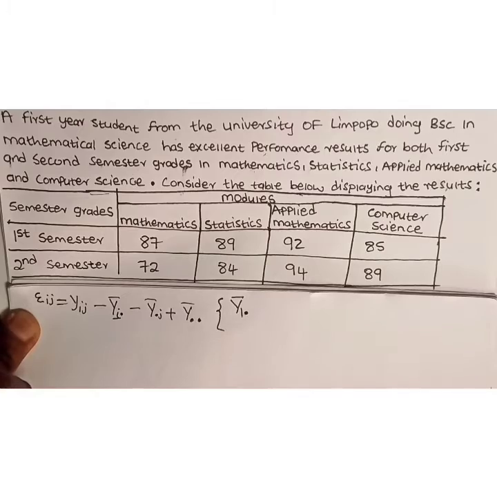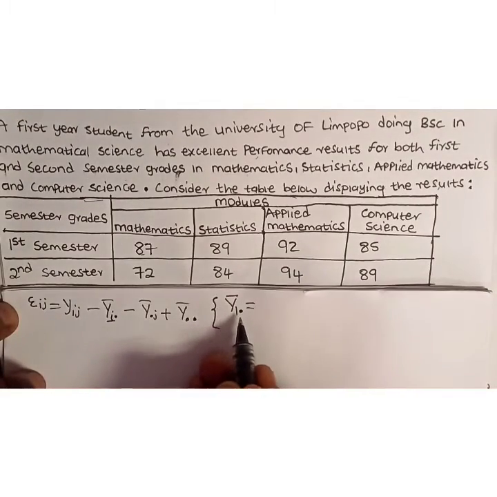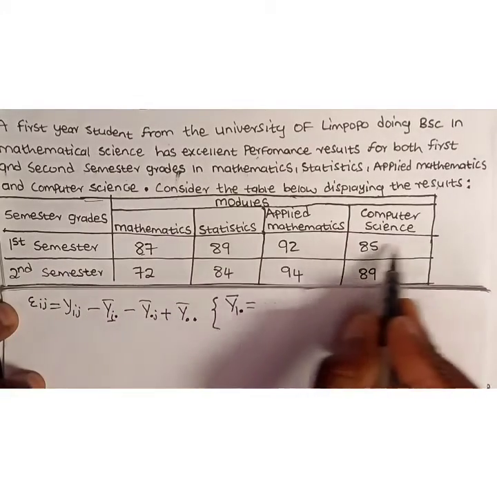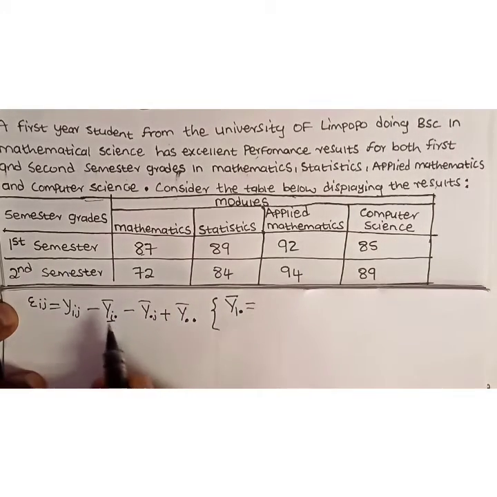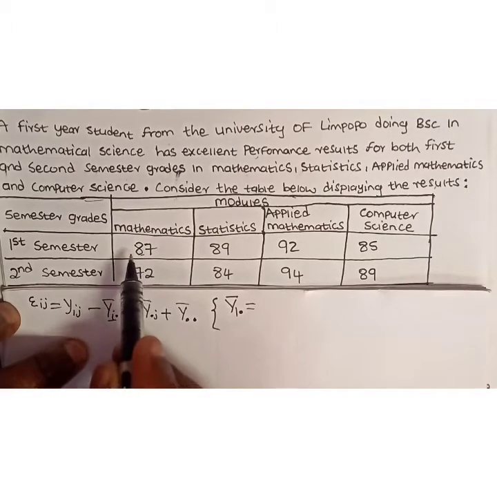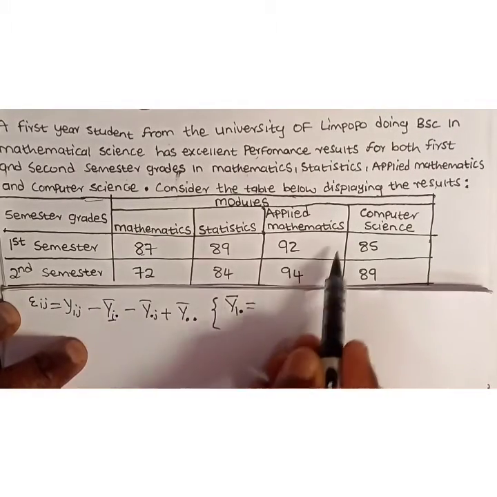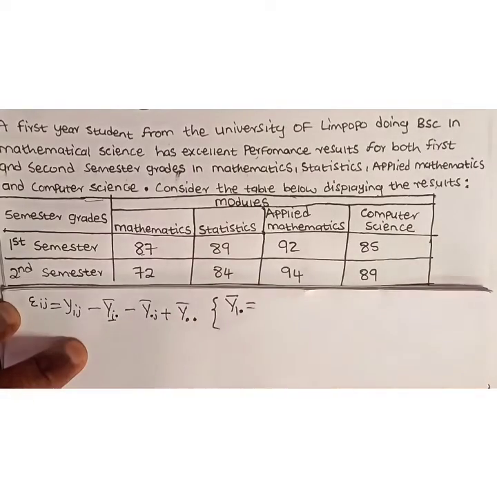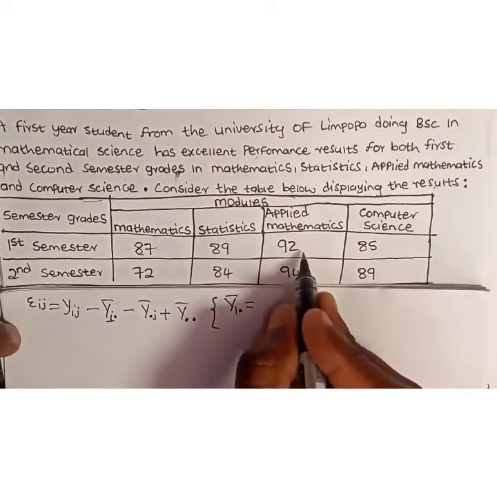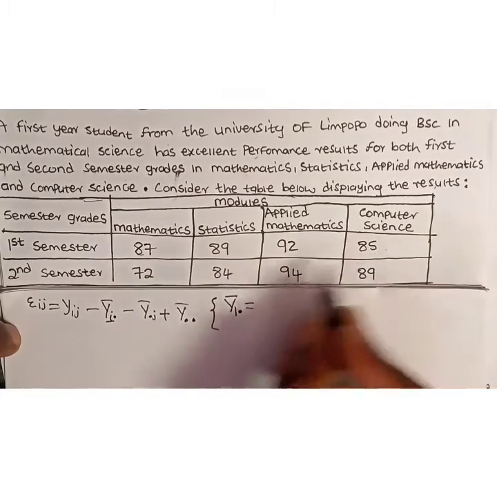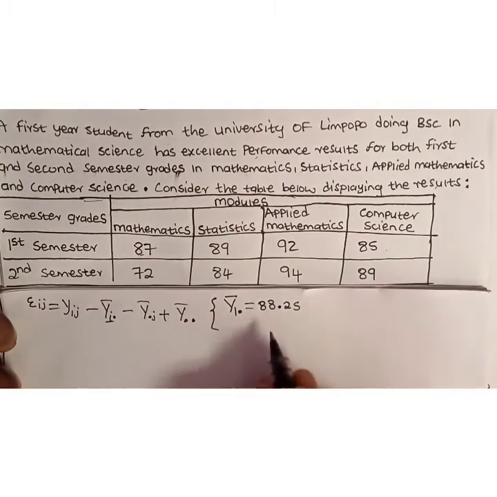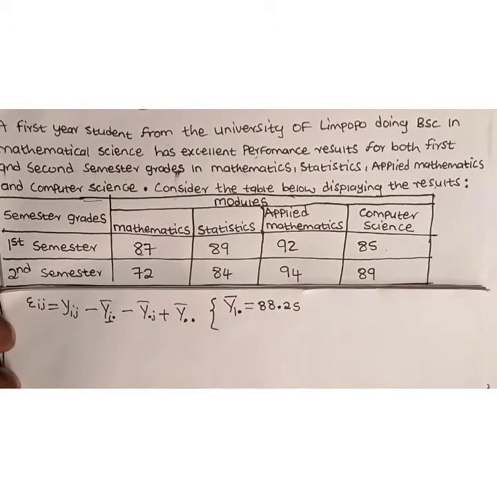Beginning with our calculations, y bar 1 dot. The mean of the first treatment is given by the average of the observations on the first row, which is given by 87 plus 89 plus 92 plus 85 divided by 4, equivalent to 88.25.